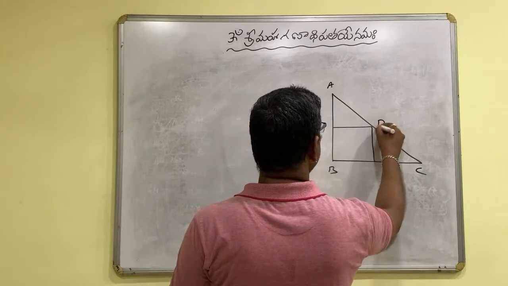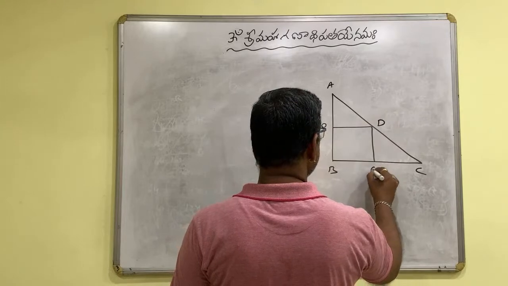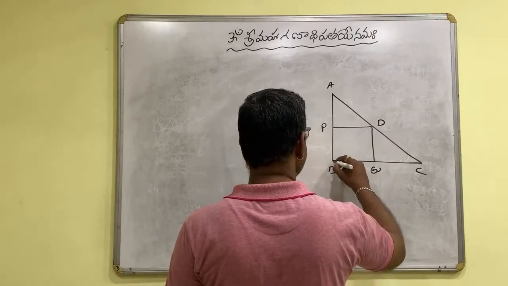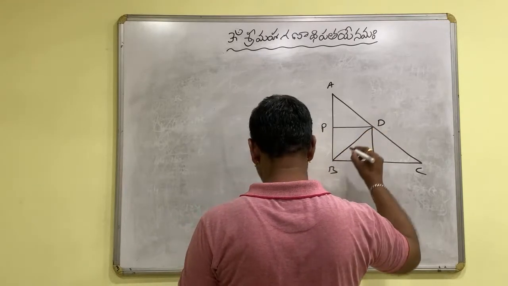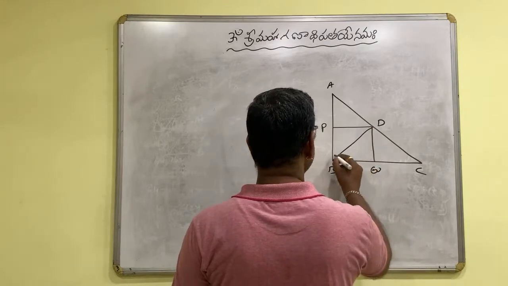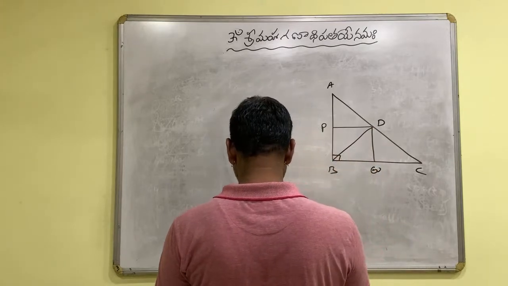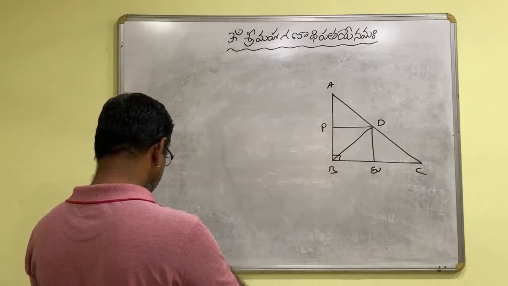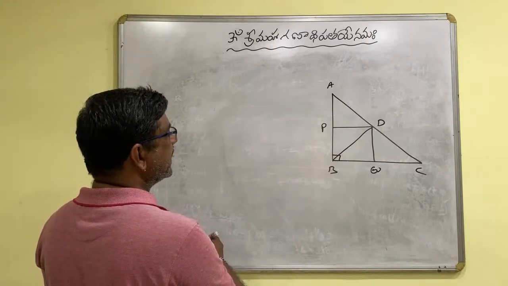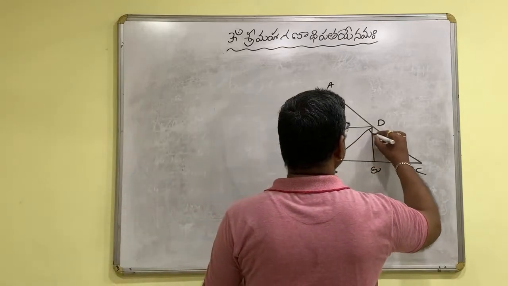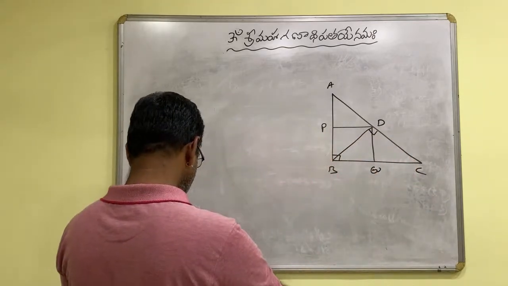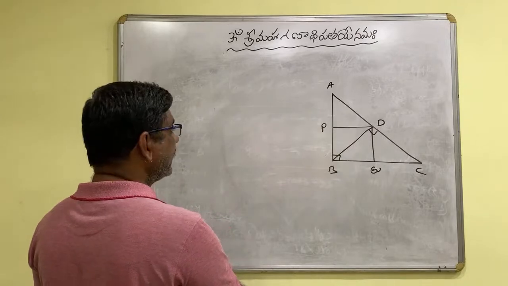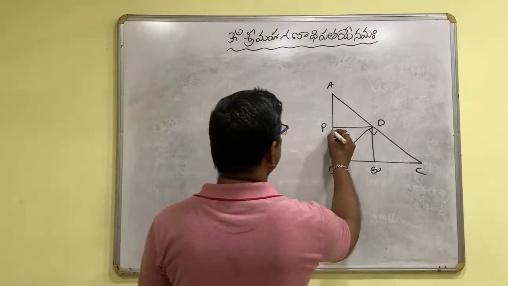P, D, Q, and this is diagonal. This is 90. ABC is the right triangle. BD is the point on the hypotenuse, BD perpendicular to AC. This is 90 degrees. DP perpendicular to AB. This is 90.